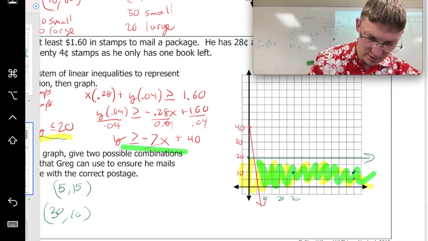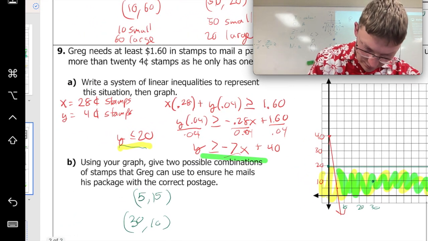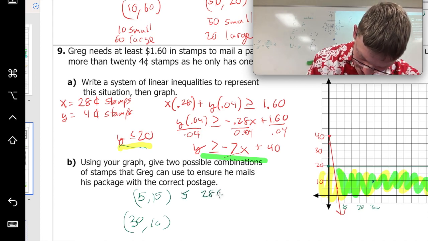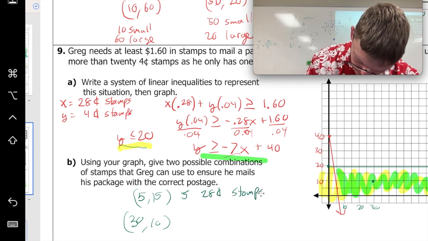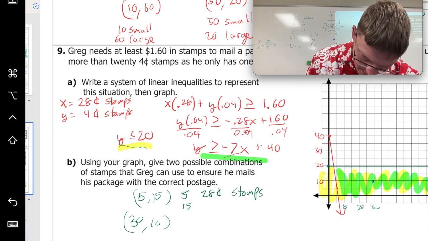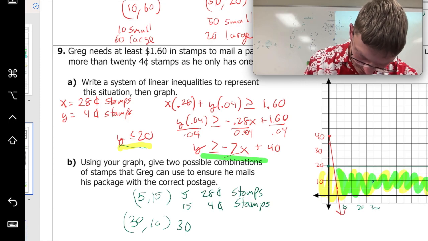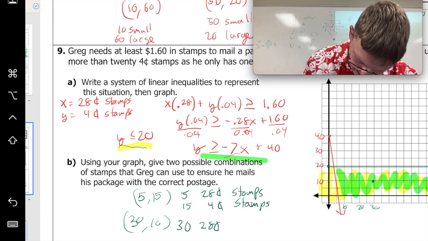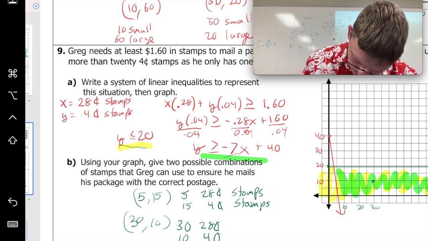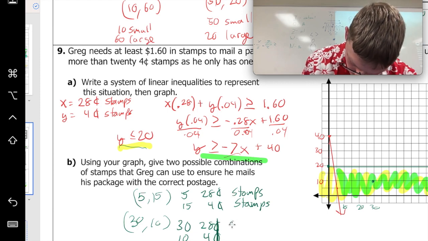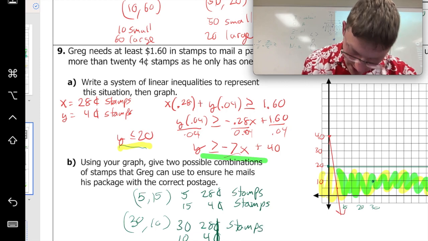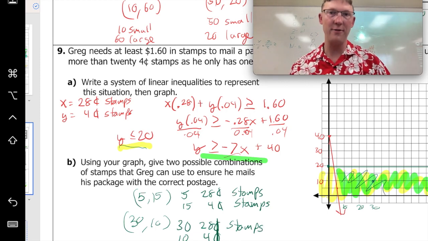Our answer is Greg could use 5 28-cent stamps and 15 4-cent stamps, or 30 28-cent stamps and 10 4-cent, these are cents, stamps.